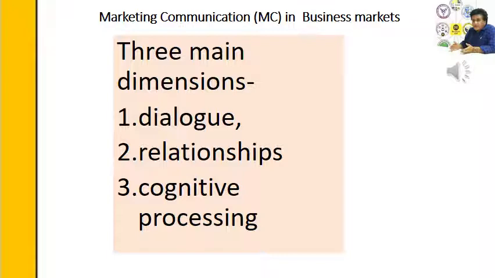Similarly, a buyer may remove any preconceived notions which he may have had about the product and service. An unfavorable disposition towards a product may be removed, and it may be replaced by a favorable attitude towards the product. So the three main dimensions are dialogue, relationship, and cognitive processing.